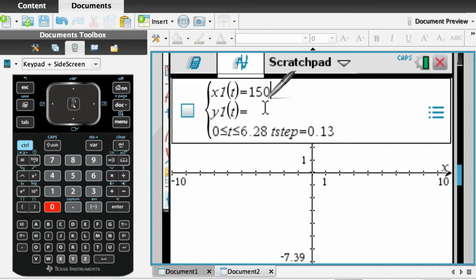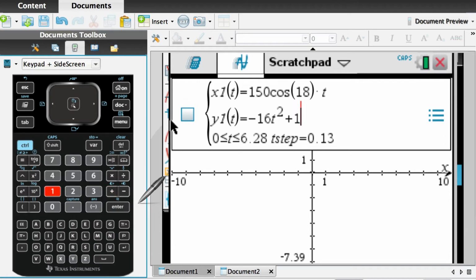So that's going to be 150 cosine of 18 degrees times t. And then our y is going to be negative 16 t squared plus 150 sine of 18 degrees times t, and then plus our initial height.